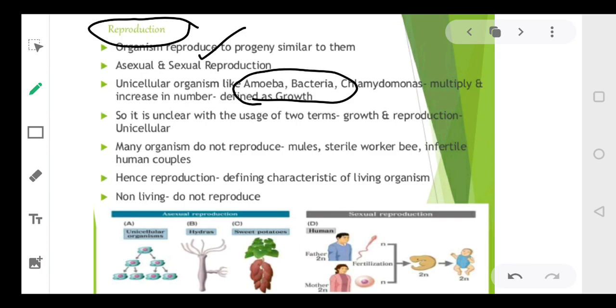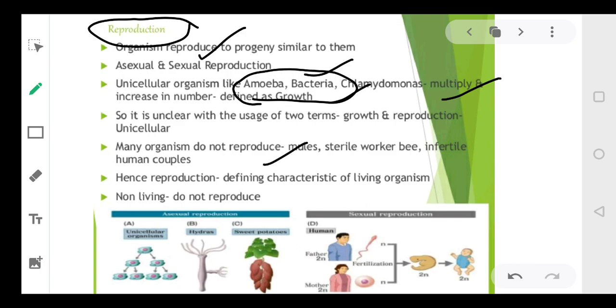So bacteria, amoeba and chlamydomonas multiply and increase in number, and this we can term as growth. There is no clarity in the case of bacteria and amoeba whether this should be called reproduction or growth. So in unicellular organisms, it's unclear regarding growth and reproduction.